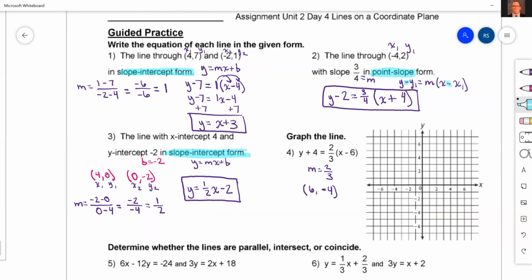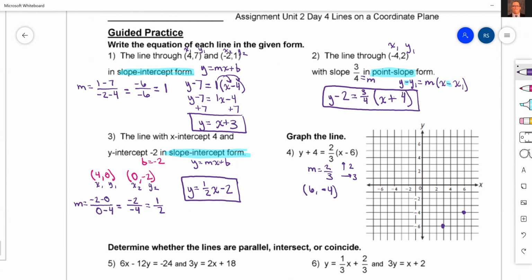Okay, well, I'm going to plot that point. That's 6, negative 4. Might help if I had a pen, not a highlighter. Slope tells me I have to go up 2 over 3. I go up 2. I can't go over to the right 3. Out of room. So I got to go down 2, left 3.